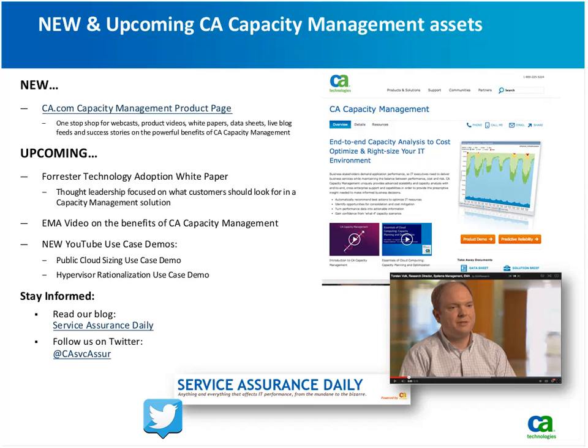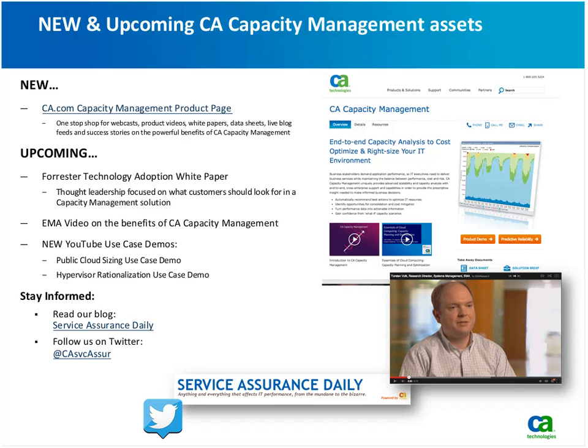And the link is in there, but if you want to hit it real quick, ca.com/capacity will take you right to it. Some other upcoming external marketing collateral and assets and great information around capacity management is going to be uploaded to the page as well, especially a Forrester technology adoption white paper around why customers should be considering capacity management today and what to look for in a capacity management solution.